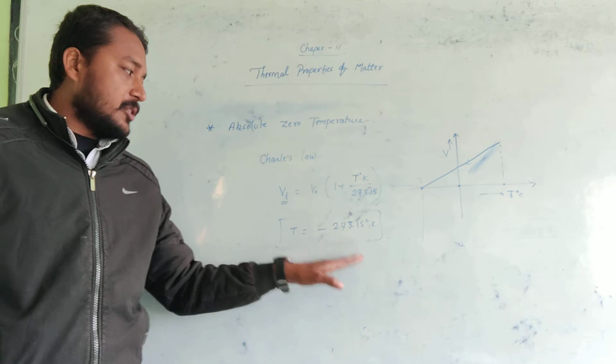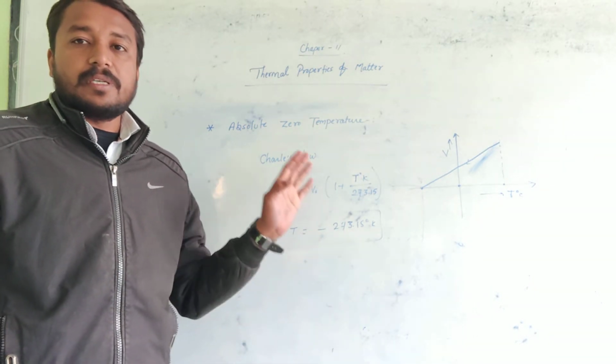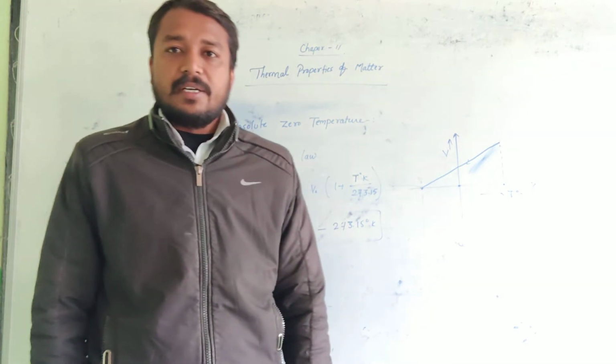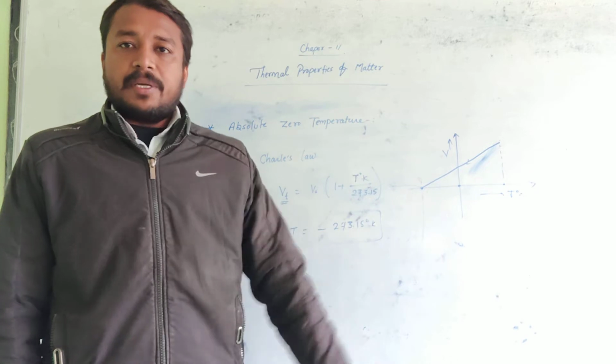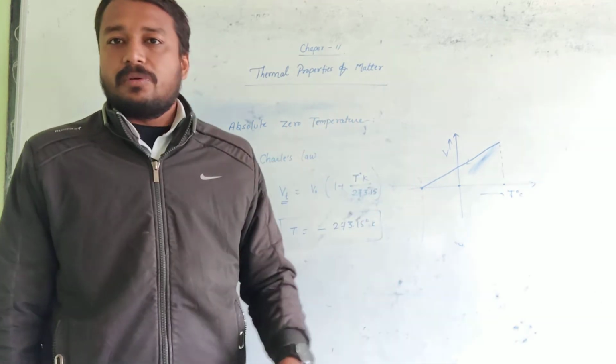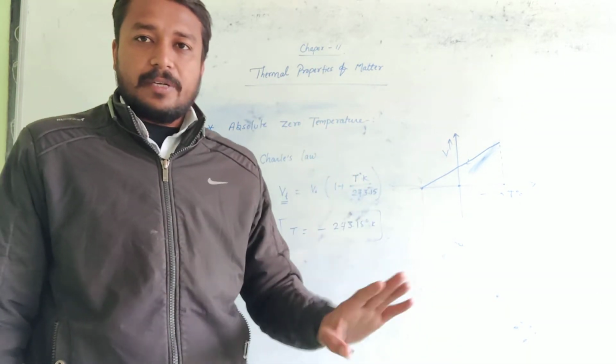So the temperature minus 273.15 is called absolute zero temperature. You can define absolute zero temperature as the minimum temperature at which the volume of any substance becomes 0. Okay.